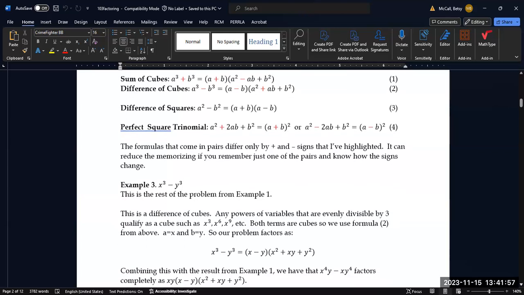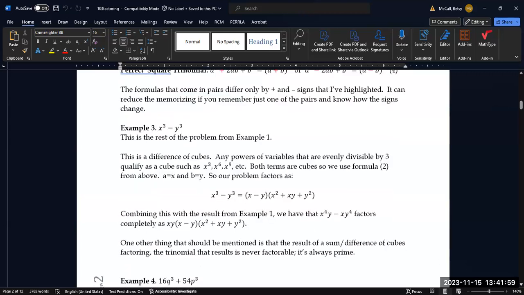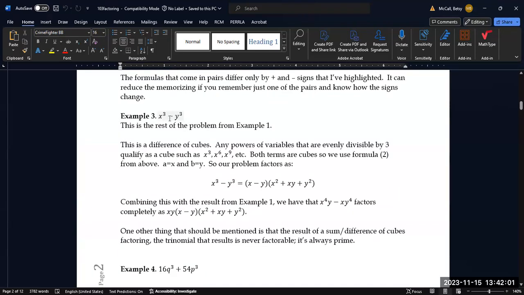Now, let's look at an example. This is the continuation from our first example. We had factored out the xy, and now we had one factor that was x cubed minus y cubed. Now, we want to factor that, and since x cubed and y cubed are both perfect cubes, we can apply the difference of cubes formula, where x is equivalent to a in our formula and y is equivalent to b.